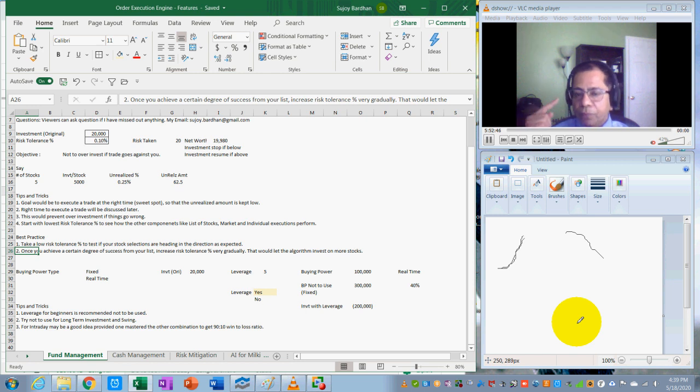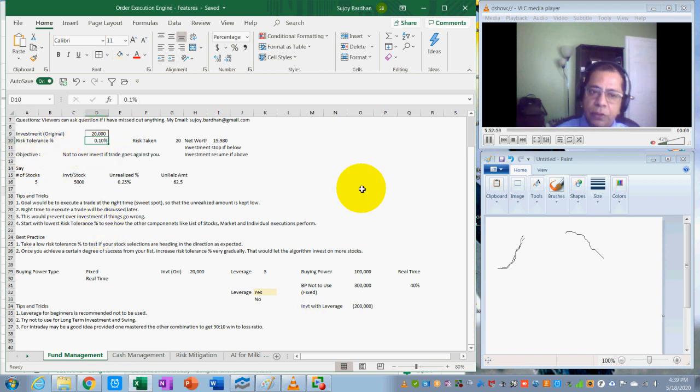As soon as you master that skill, it is very important that you understand it and master it. At that point, you increase your risk tolerance to say 0.25%.